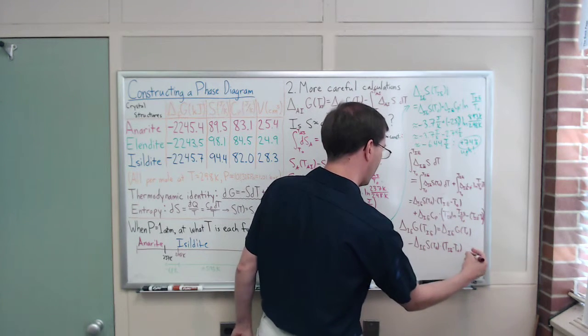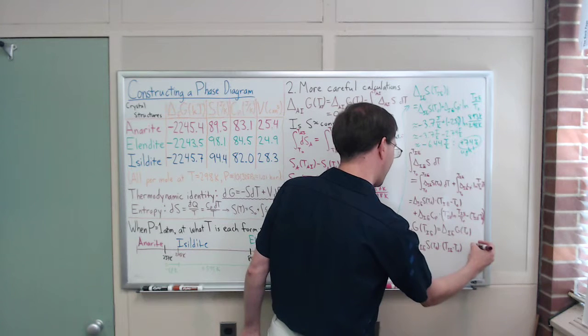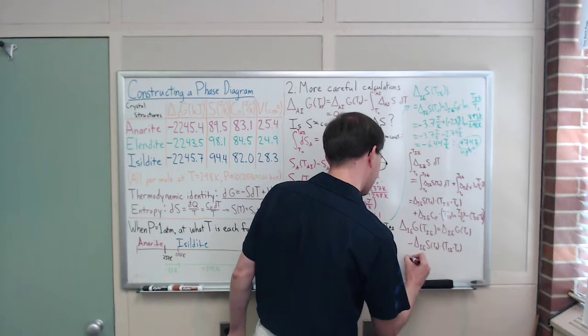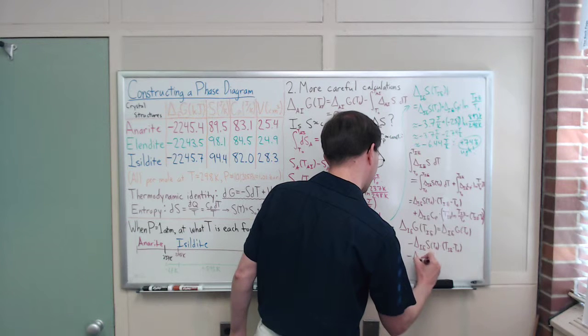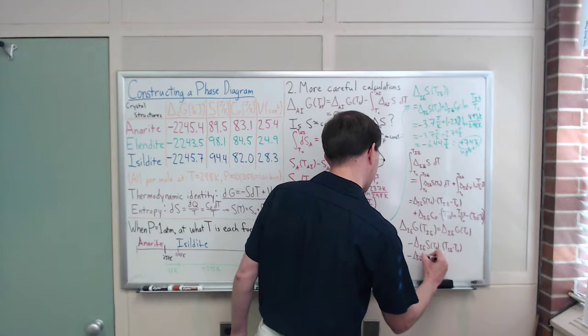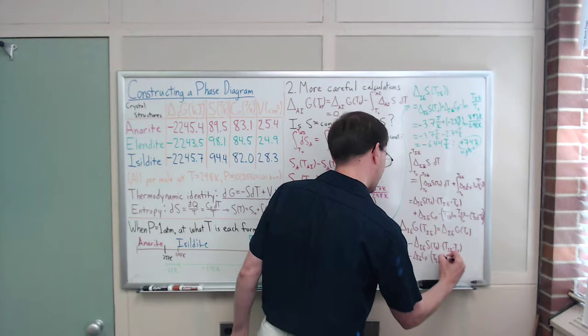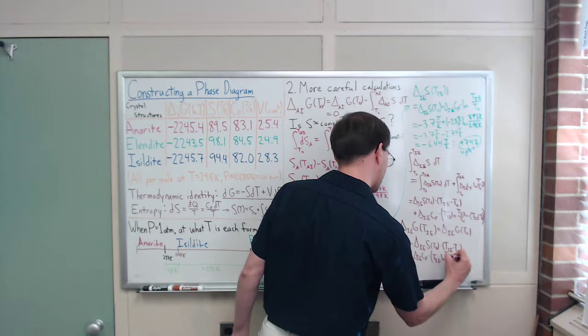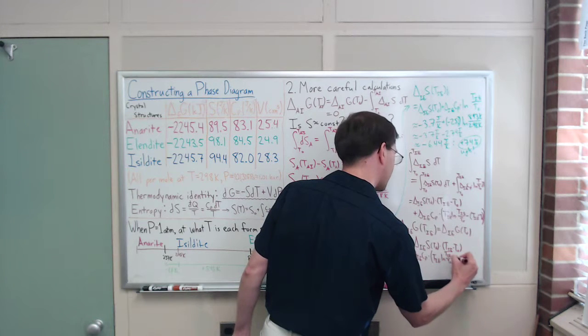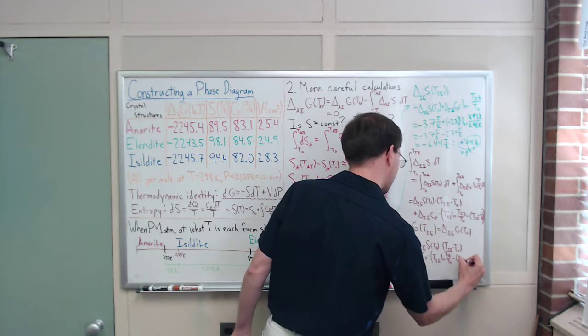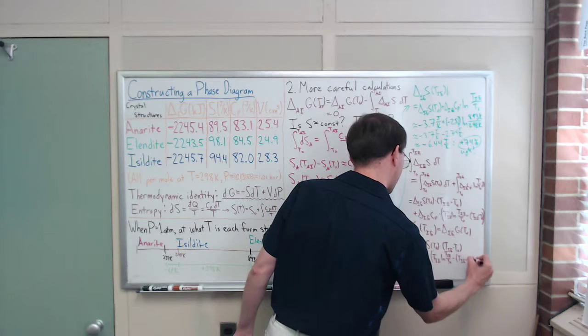Not going to worry about it right now. Minus that, and then minus that whole line, delta C_P times this whole, oh, it's so messy, T_IE times the natural log of the ratio of temperatures, T_IE over T naught, minus T_IE minus T naught.